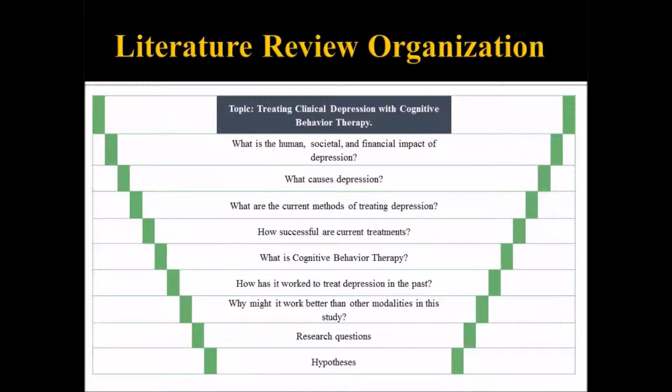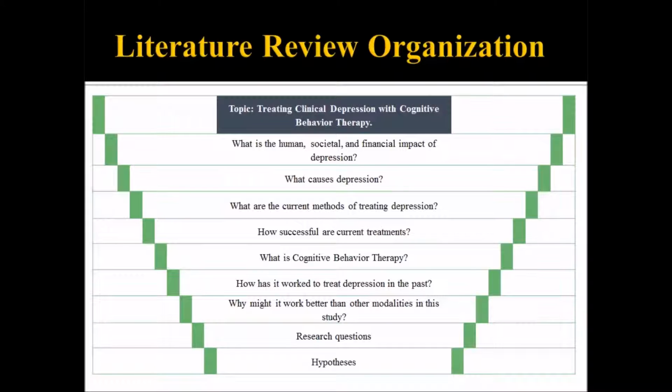But when writing in paragraph form, your literature review comprises paragraphs, so I like to think of it more as a stair step. You're going to have a paragraph or a few paragraphs introducing your topic, a few others discussing the impact of the problem.